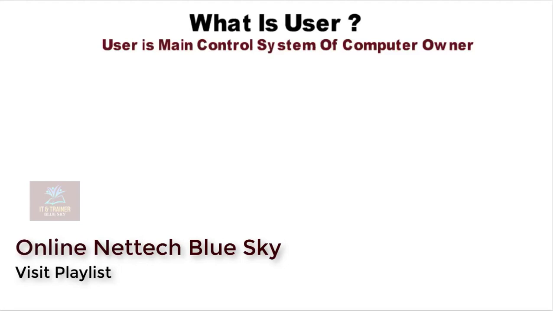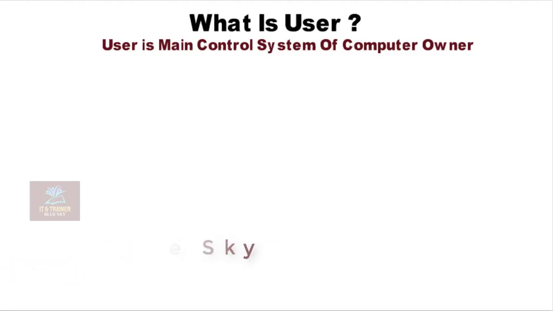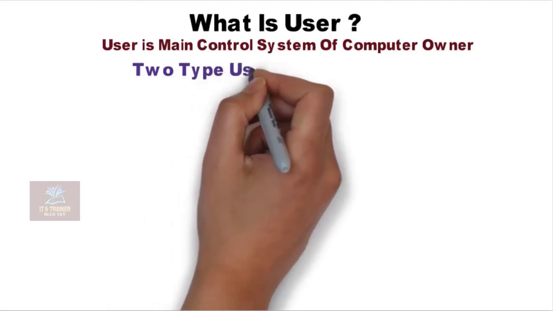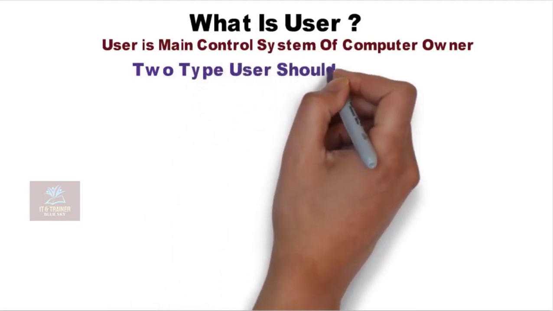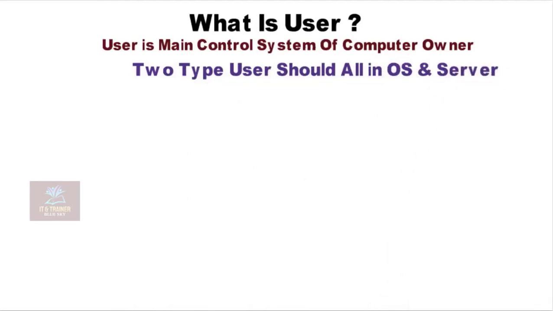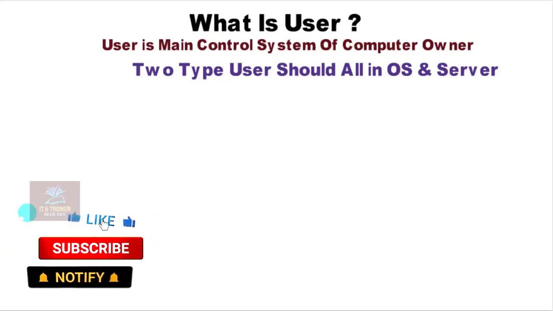Without a user you cannot log in, so the user is very important for the system. In any operating system and server there are two types of user. The first is the administrator user.